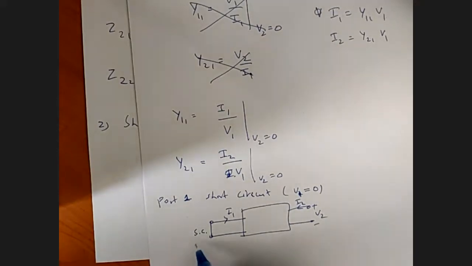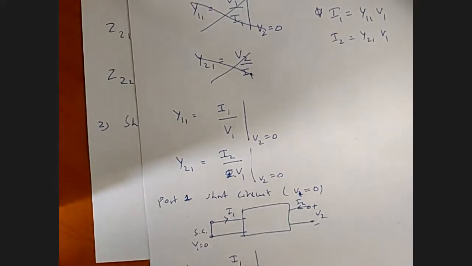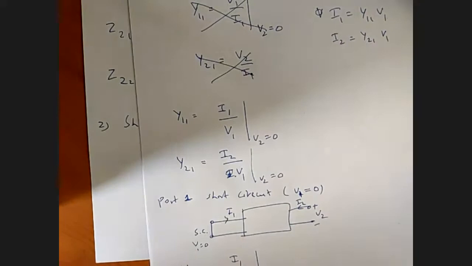So that means V1 become 0. That means Y12 will become I1 upon V2 when V1 equal to 0, and Y22 is I2 upon V2 when V1 equal to 0.